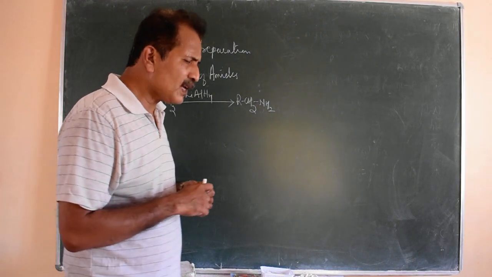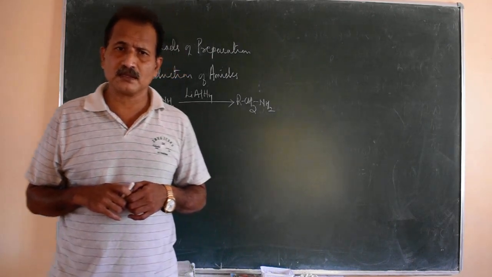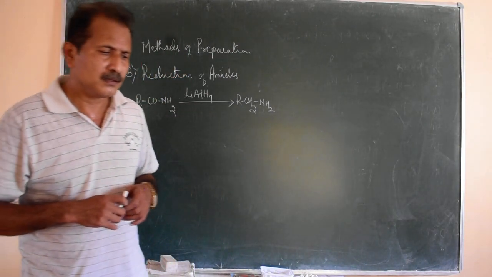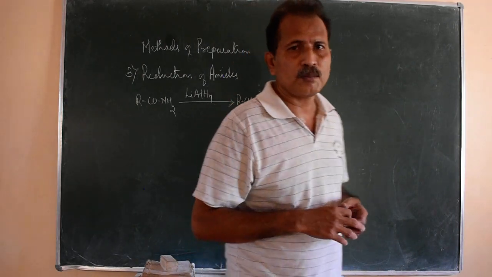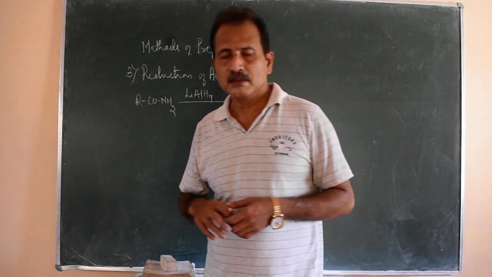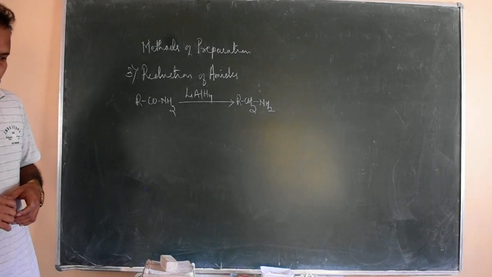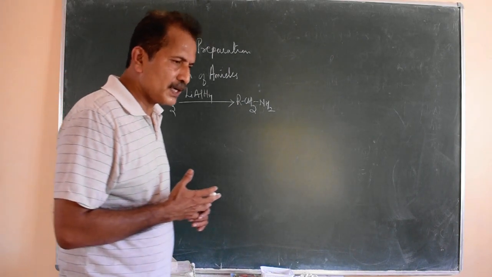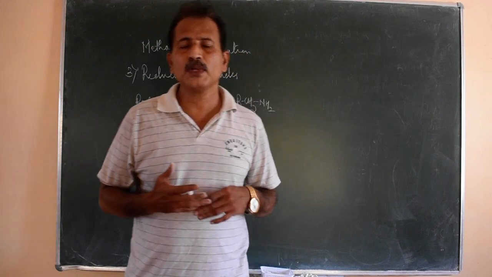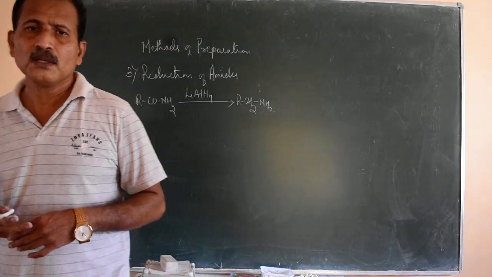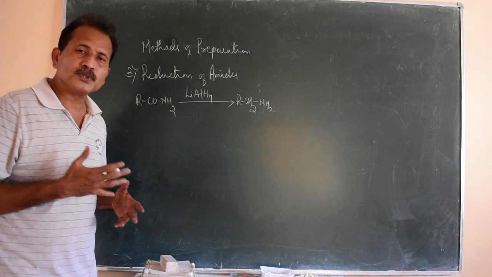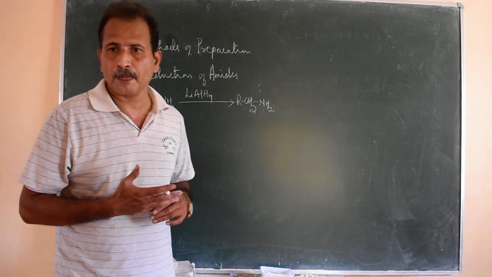Now, as far as the structure of amines is concerned, the nitrogen atom present in amines is trivalent and undergoes sp3 hybridization, and the sp3 hybrid orbitals of nitrogen will overlap either with the orbitals of hydrogen or carbon depending upon the composition of the amine. Understood?